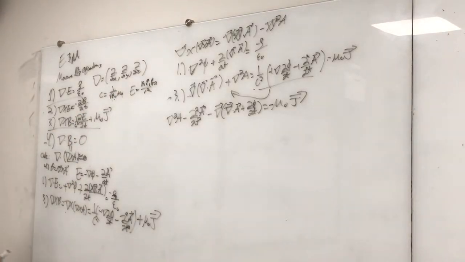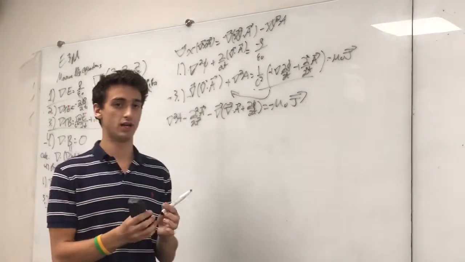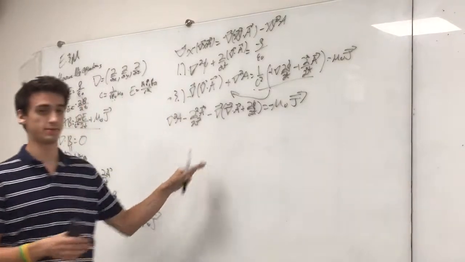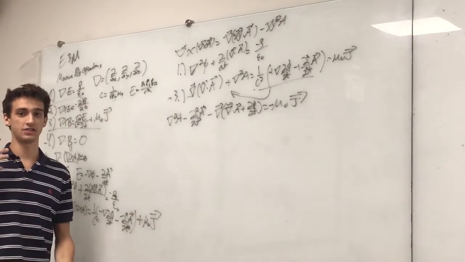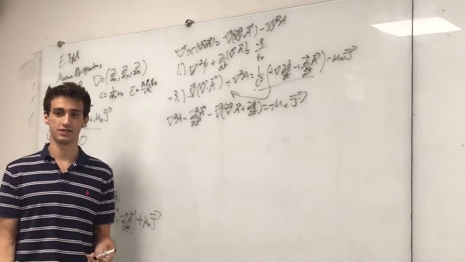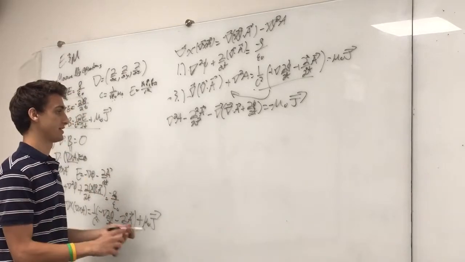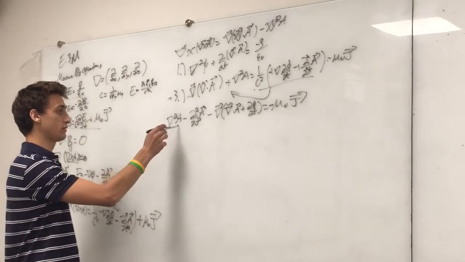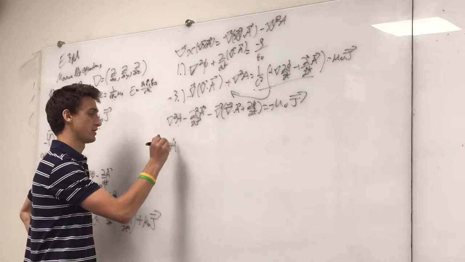Now, what's nice about these potentials, why we want to introduce these potentials, is because it gives rise to a redundancy in the theory, or it gives some freedom to the theory, because we could replace one of these potentials.